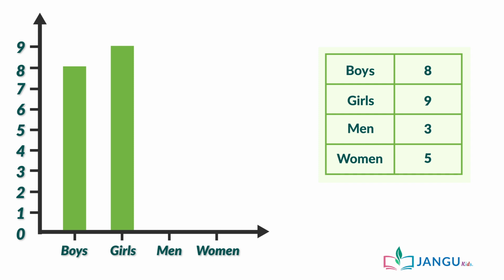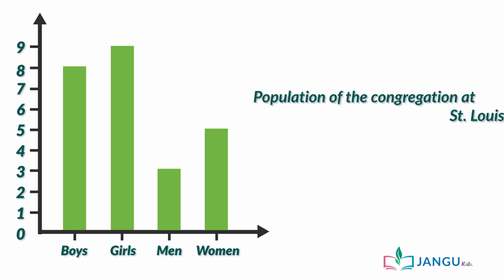How many men were present? 3. And finally, how many women were in church for the Christmas service? 5. Easy, right? Our bar graph looks fantastic. Well done. But don't forget, you must always name your graph.